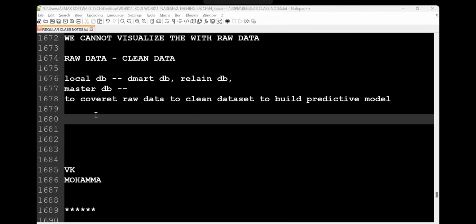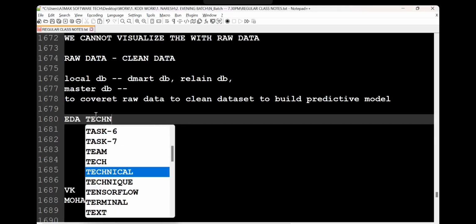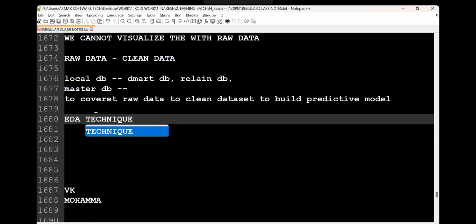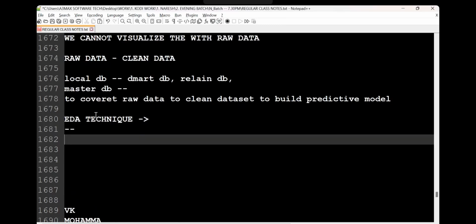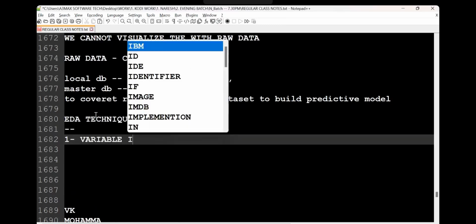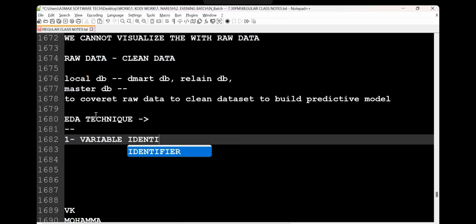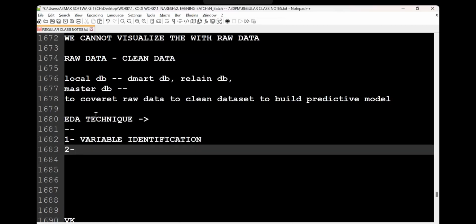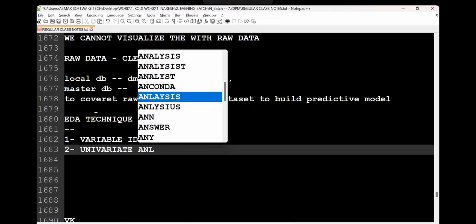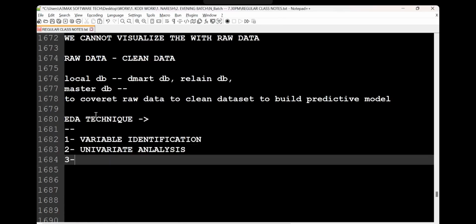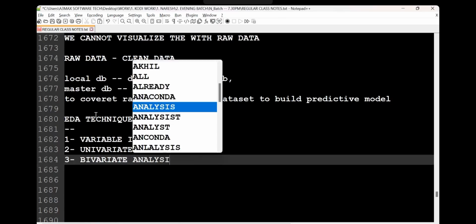Next, we have EDA techniques, and I will explain all these techniques one by one. EDA has 7 techniques. The first one is variable identification. The second one is univariate analysis. This is all asked in interviews. The third one is bivariate analysis. A few of them we completed, but these are the techniques we have.